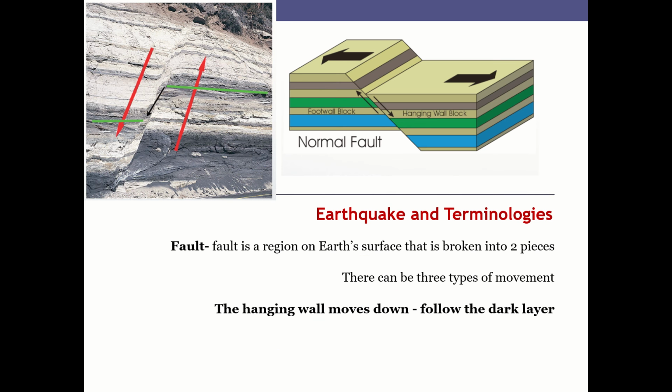So how is the movement observed? Is it the same throughout, or is there a difference? There are different ways in which an earthquake occurs. Actually, there is a term called fault. A fault is a region on Earth's surface that is broken into two pieces.